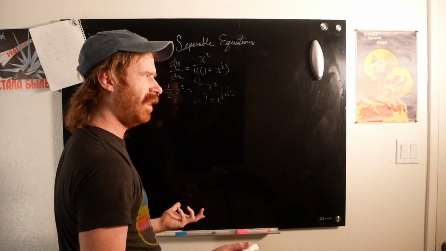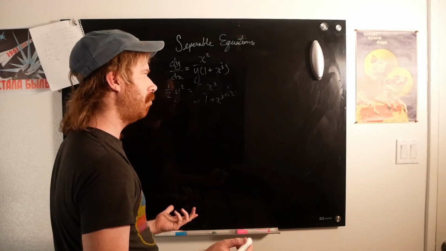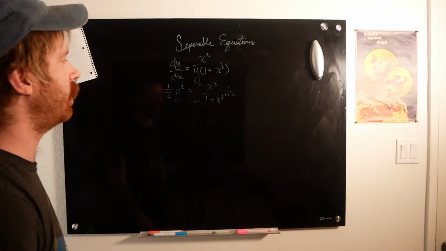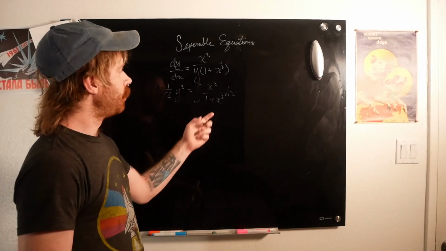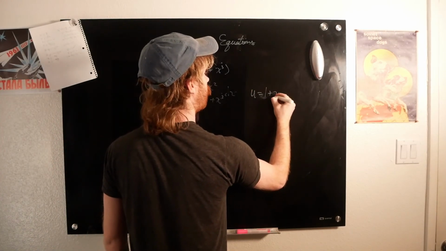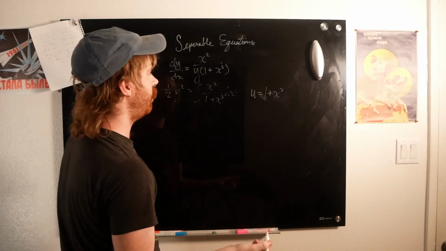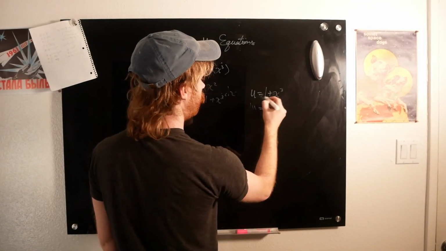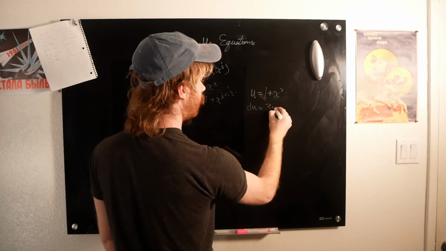You learn this at either the end of calculus 1 or beginning of calculus 2. So let's set u equal to 1 plus x cubed, and then we'll take the derivative of it. So the 1 just goes away, and then you're left with 3x squared.